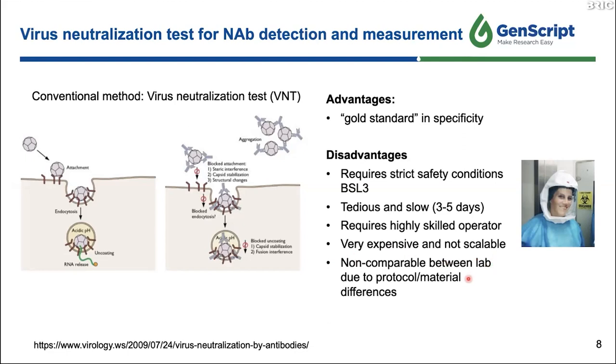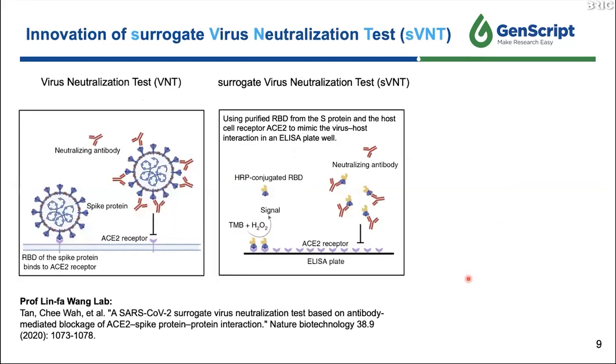To overcome these shortcomings, I would like to introduce a new technology called the surrogate virus neutralization test, abbreviated as SVNT, that can also be used to measure neutralizing antibody, but in a much more convenient and user-friendly manner.